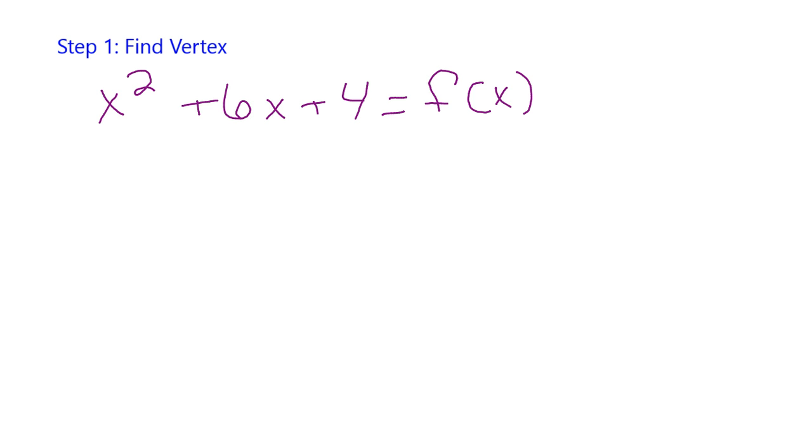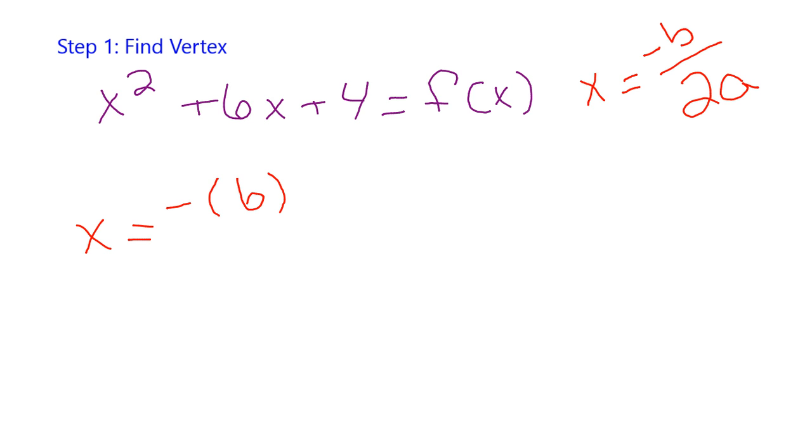To find the x value of the vertex, you use the formula x equals negative b over 2a. In this case, b is 6, so I'm going to go negative and then put 6 in for b over 2 times 1.